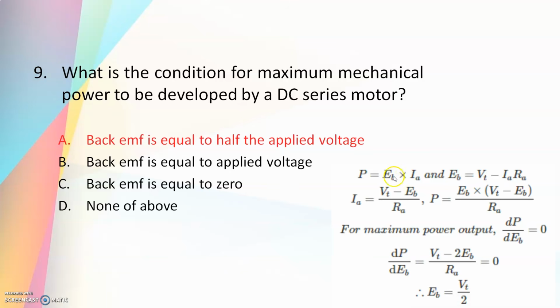So the power is given as EB into IA, where EB is the back EMF and IA is the armature current. And we know that EB is equal to terminal voltage minus IA into RA, or IA can be written as VT minus EB by RA. So power can be written like this. Now for maximum power, the derivative with respect to the back EMF should be equal to 0, and from this we can obtain the relation as EB is equal to VT by 2.